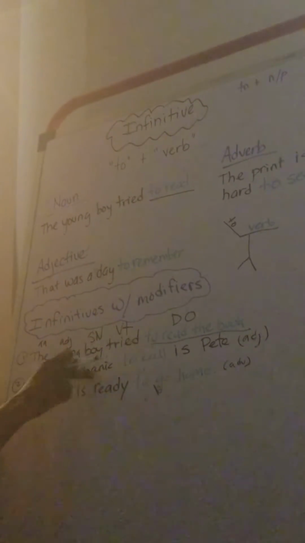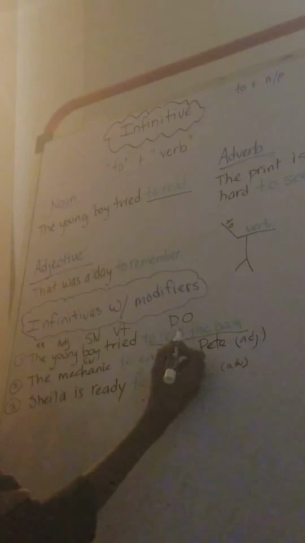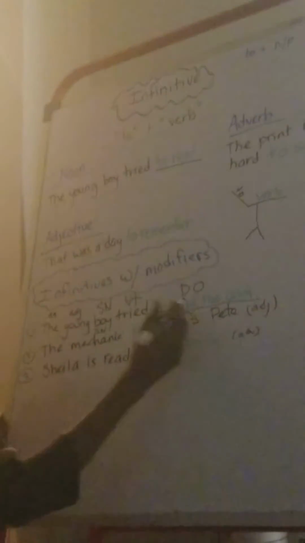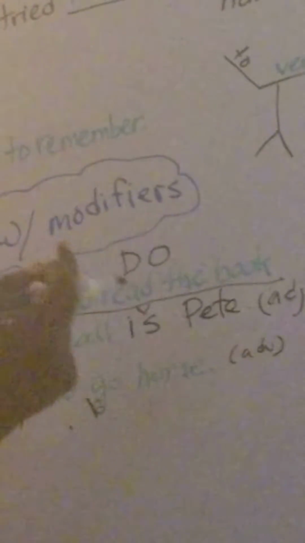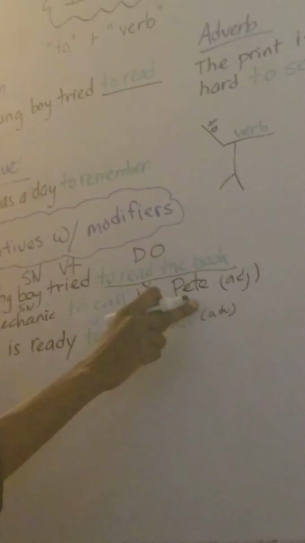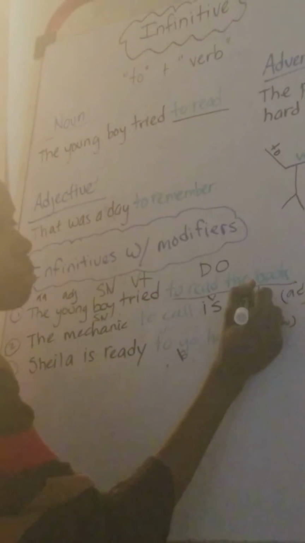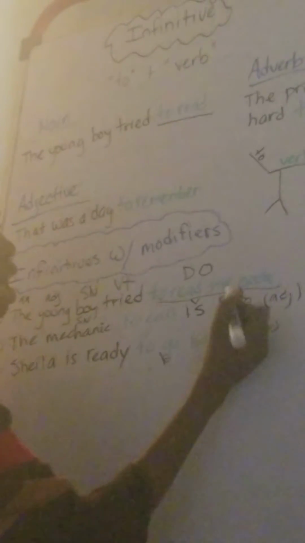What's being said about the mechanic is, that's our verb. Mechanic is what? Pete. Can Pete replace or describe mechanic? Yes, it can. So that would be our predicate nominative.